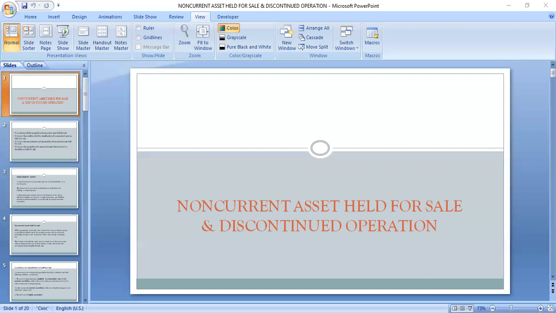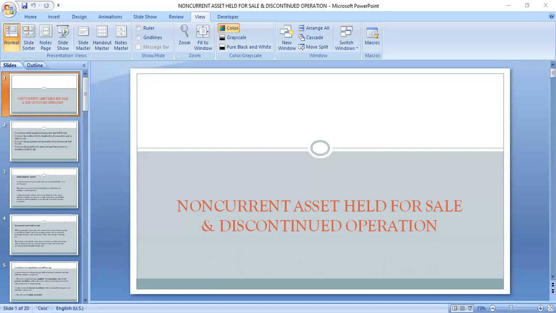And if the non-current asset is a disposal group classified as held for sale, the assets and liabilities of the group shall be presented separately and cannot be offset as a single amount.